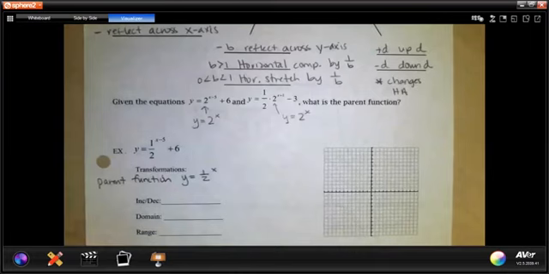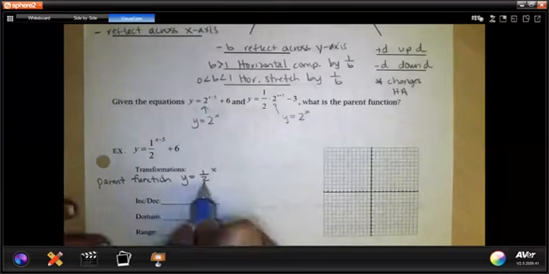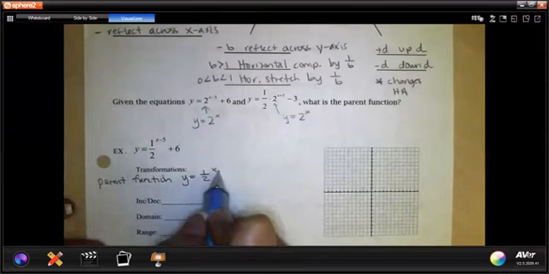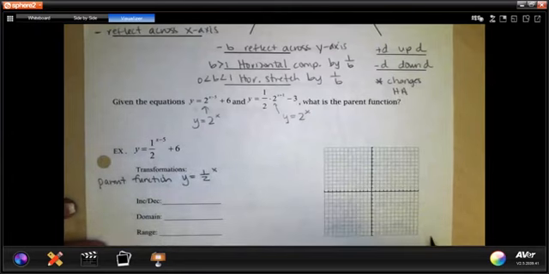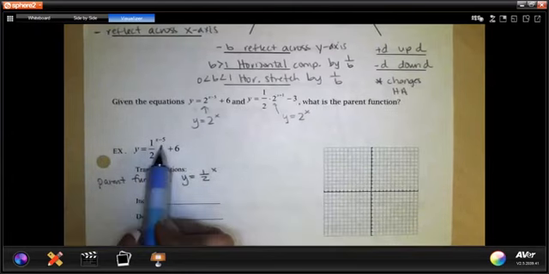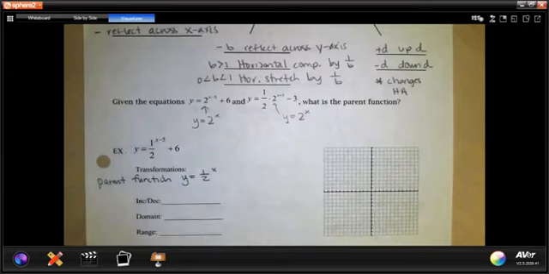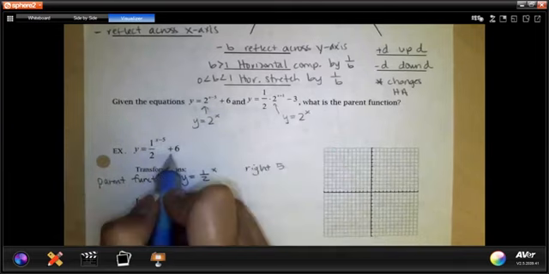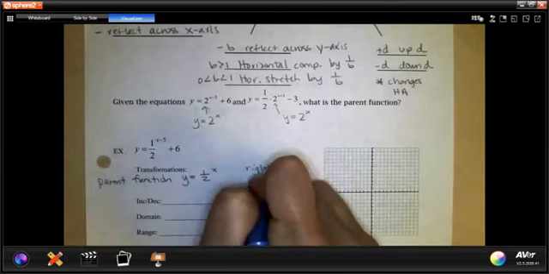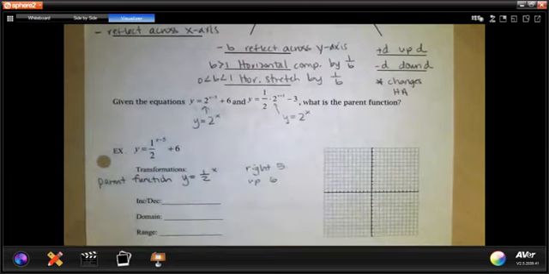So this is a decay because this value is between 0 and 1 that's being raised to the x power. So that is exponential decay. Now we want to look at what our transformations are. We have this x minus 5 in the exponent, so I know it's going to go to the right 5. And we have this plus 6 at the end, so I know it's going to move up 6.